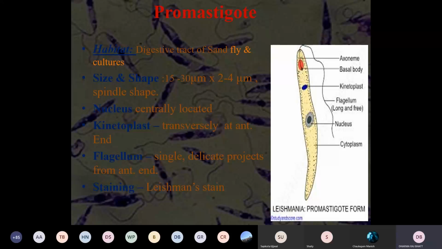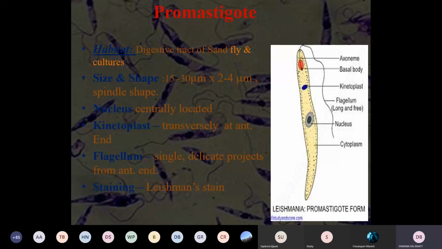So this point is important for two different reasons. One, this promastigote is considered the infective form of the parasite. And second, when we make the laboratory diagnosis, we should not expect the presence of promastigote forms in the clinical specimen collected from either the human host or animal host.